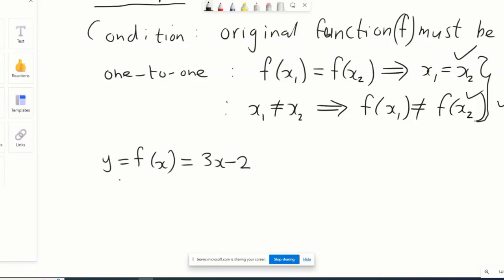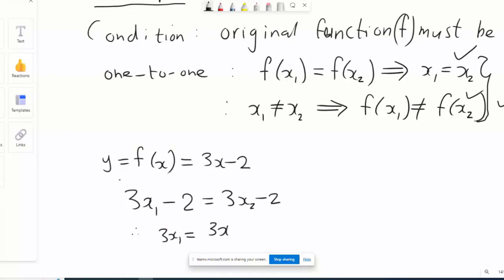And can you also see that if I have a point, 3x1 minus 2 equals 3x2 minus 2, and I transpose the minus 2 from the left to the right, then 3x1 equals 3x2, so x1 is equal to x2. This condition is satisfied.